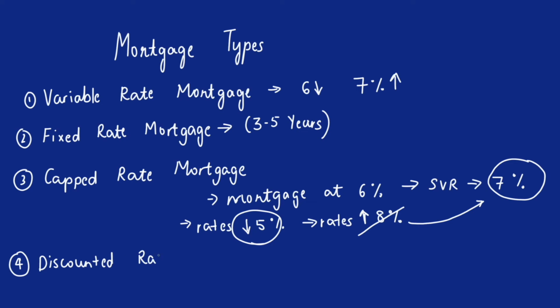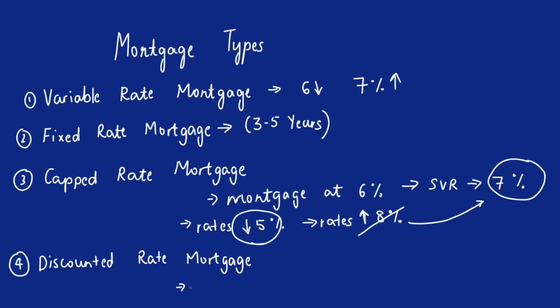Now the fourth type is the discount rate. Now big lending institutions, or lenders who give out mortgages, try to attract borrowers by offering discount rate mortgages. So a good example would be a 6% loan.